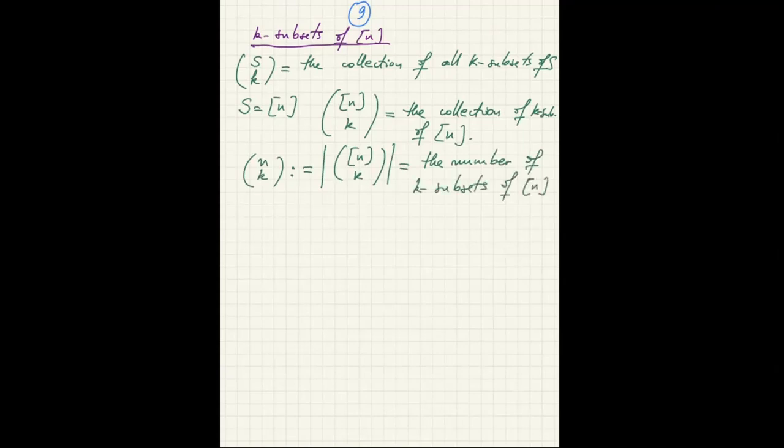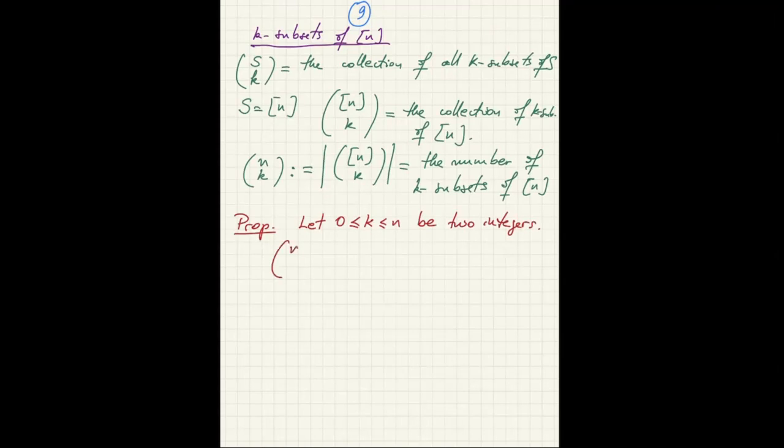Okay. And the first proposition we're going to prove here is that, let's take 0 less than or equal to k less than or equal to n to be two integers.